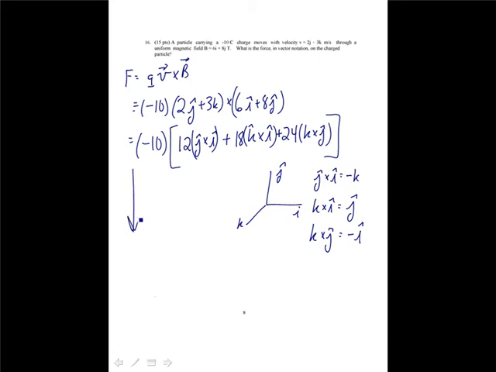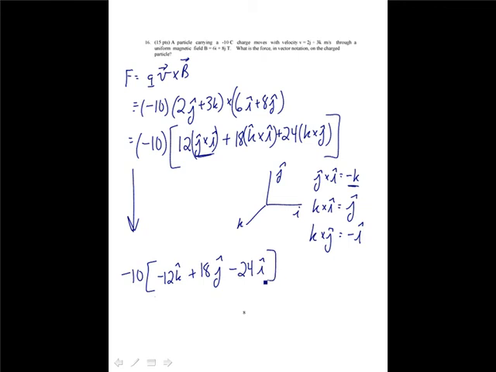So if I put this in, I get negative 10 times 12 times j cross i. That's negative 12k, just substituting the negative k for j cross i. Plus 18k cross i, that's plus 18j. Plus 24k cross j, that's minus 24i.